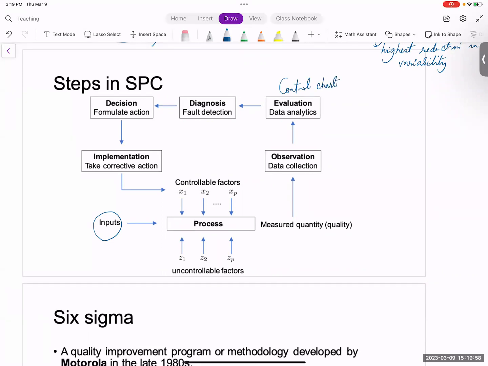Then you would do diagnosis. This is where you would identify if there are some breakdowns in the system or anomalies in the process. You identify those anomalies, and then you formulate an action plan to take some corrective actions. And then you come back to these controllable factors, adjust them, and then you continue monitoring the process. That's in a nutshell what statistical process control is.